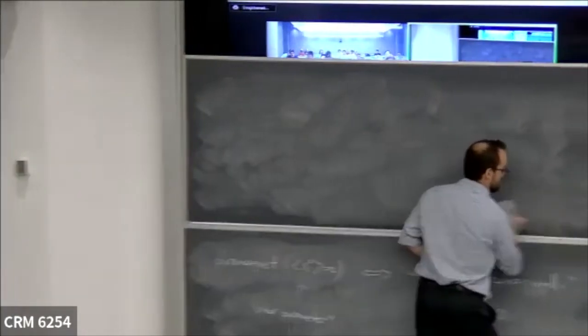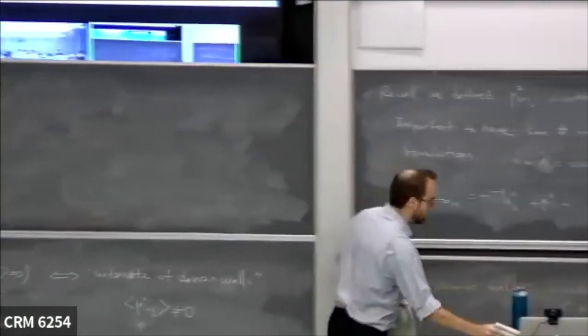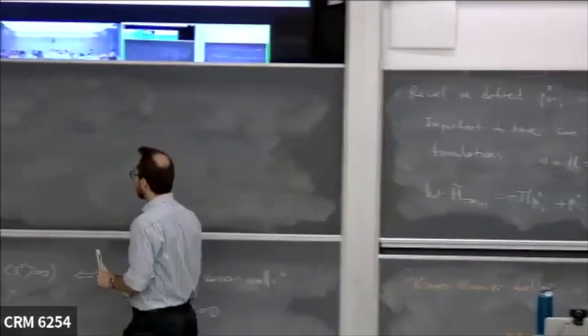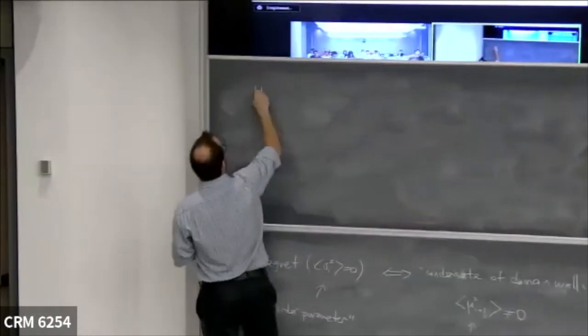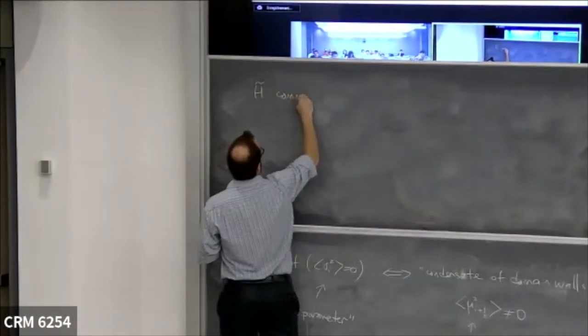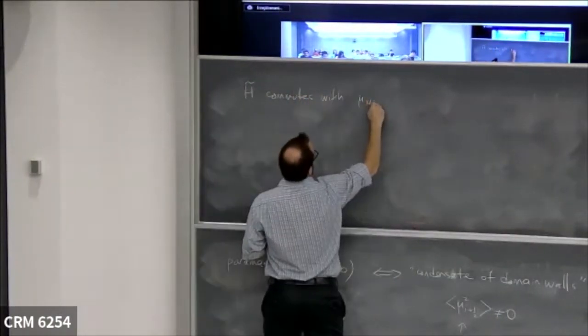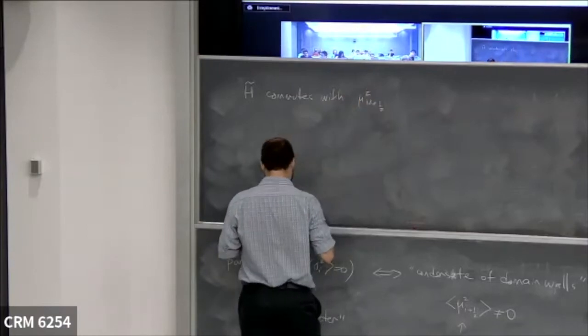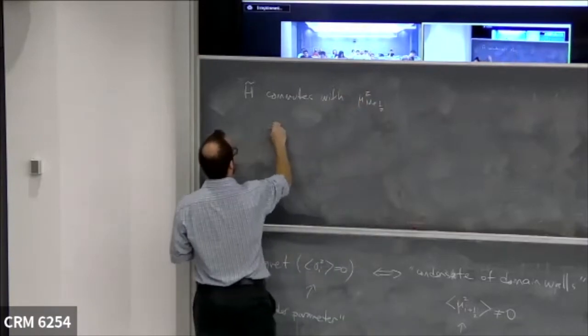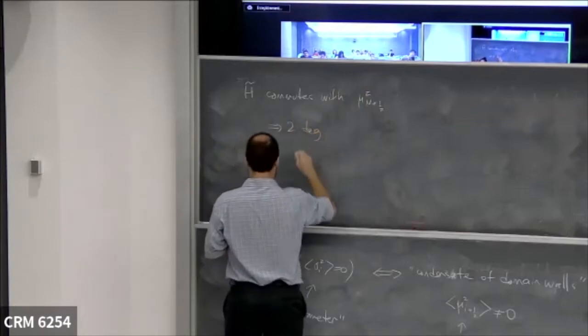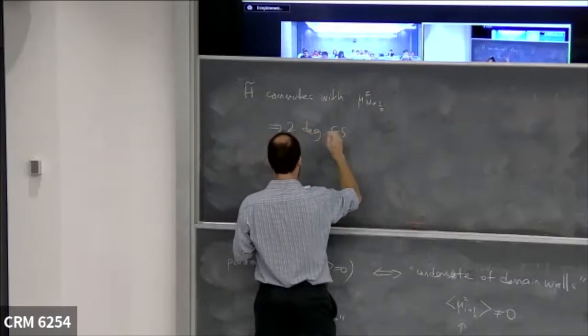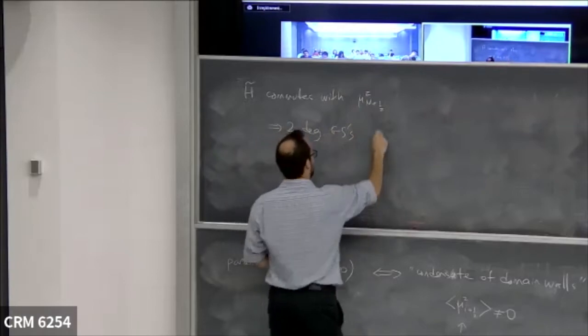The wave function was incomplete. There's one more site I needed to write. So this H tilde commutes with mu n plus a half z, and so we have two degenerate ground states, if you want. They're mostly paramagnetic in a sense.